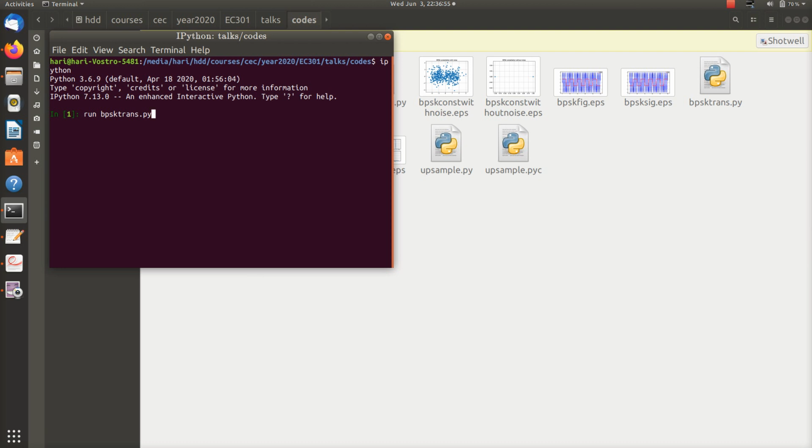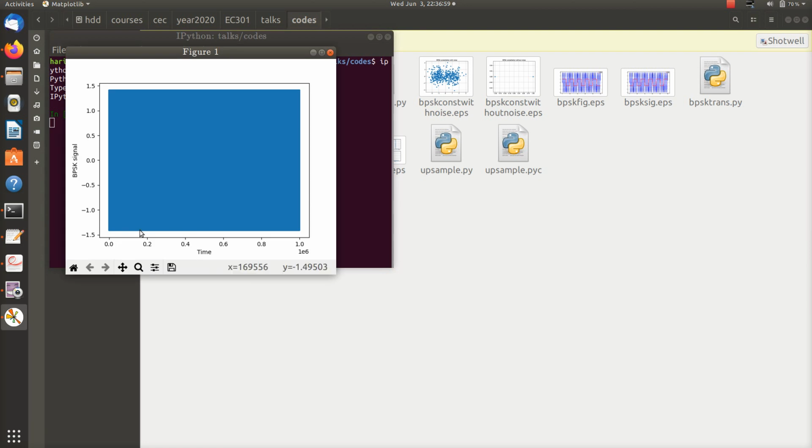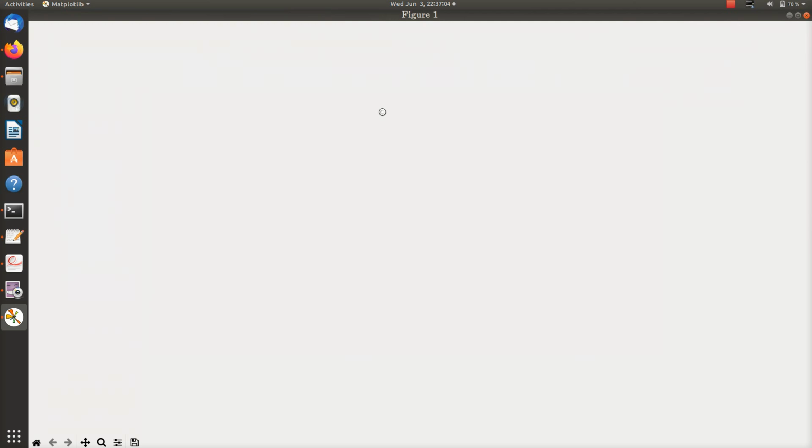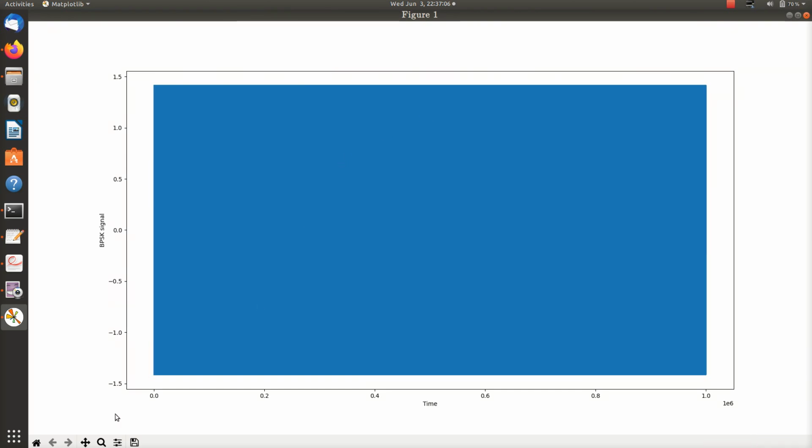Type run BPSK trans.py. Now first I see the BPSK signal. If you zoom the signal, you can observe the BPSK signal in this.